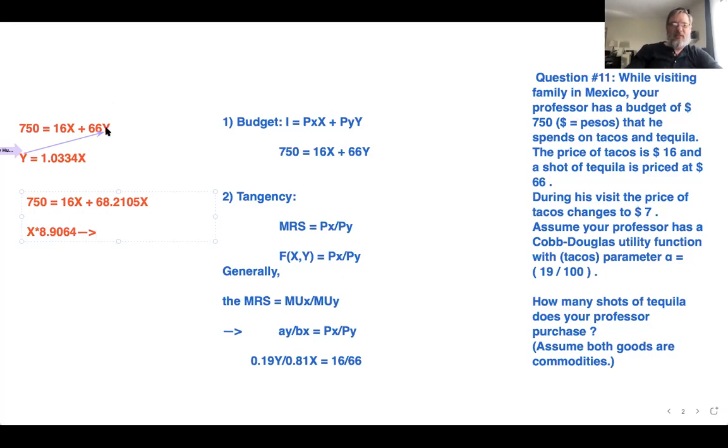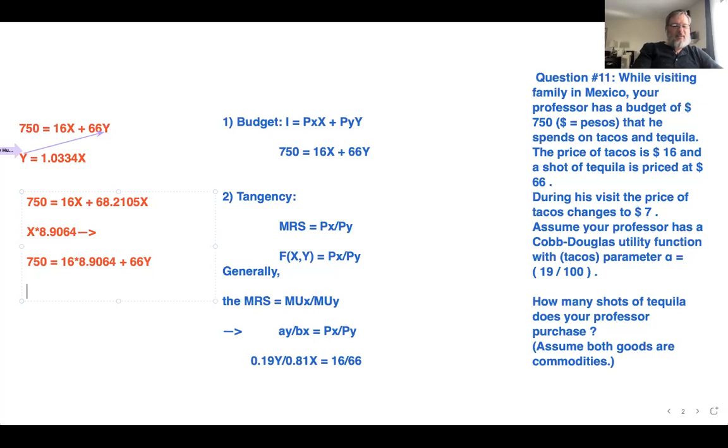So I'll do 750 is equal to 16 times 8.9064 plus 66y.